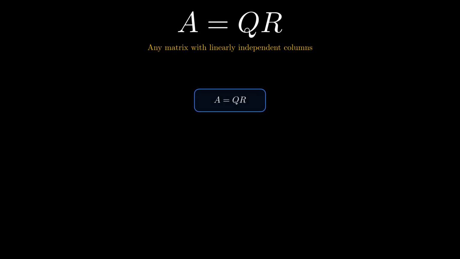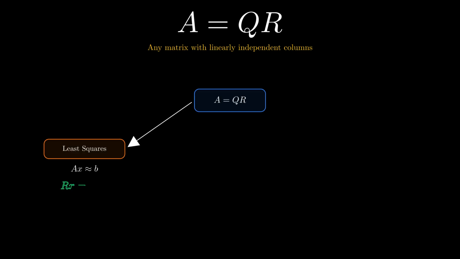Here's why this matters. The biggest application is least squares. When you solve Ax approximately equals b, fitting a model to data, the QR factorization transforms the problem into Rx equals Q transpose b. Why does this work? The normal equations say A transpose A x equals A transpose b.